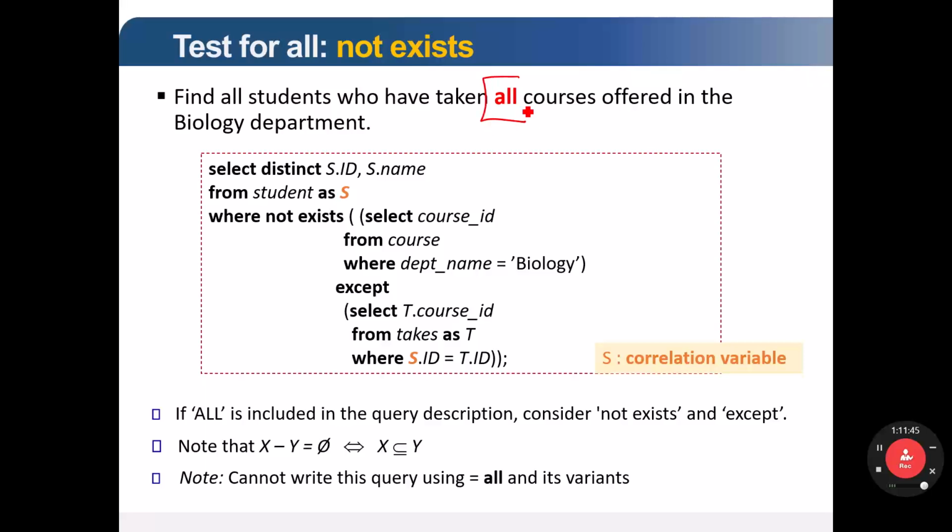You should note here, in this query, we want to select students who have taken all courses offered from the biology department. When we have the all or every keyword in a query, you should think of this condition.